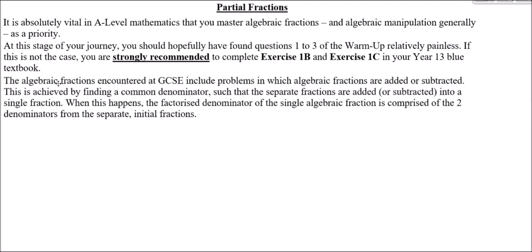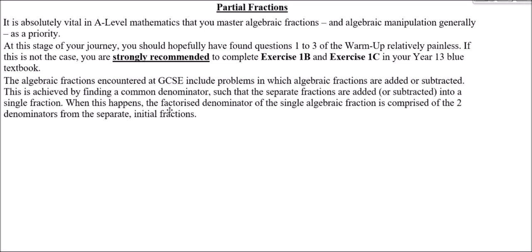So the algebraic fractions we've encountered at GCSE include problems in which algebraic fractions are added or subtracted. Yes, sometimes they are multiplied or divided, but I'm focusing here on adding and subtracting. How we do that is we find a common denominator so that the separate fractions are merged, if you like, into a single fraction.